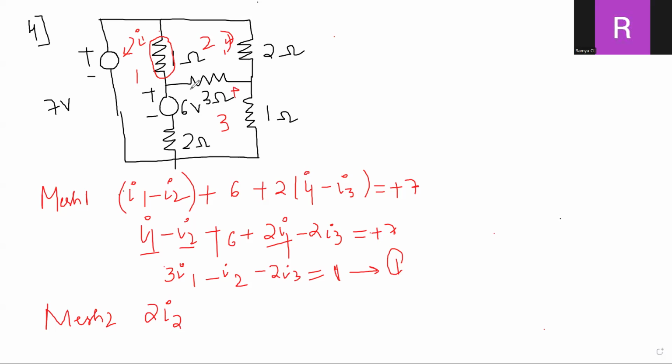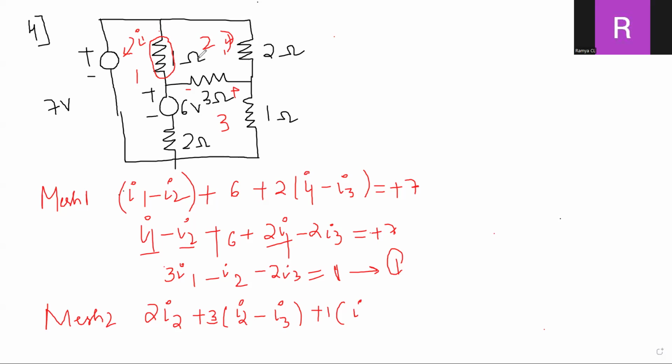This is shared by both I2 and I3. So it is 3 into I2 minus I3.